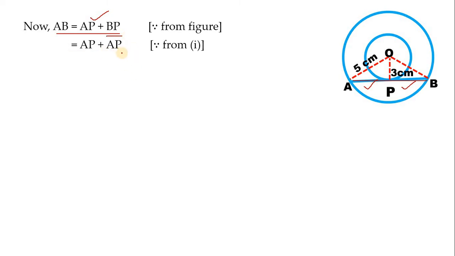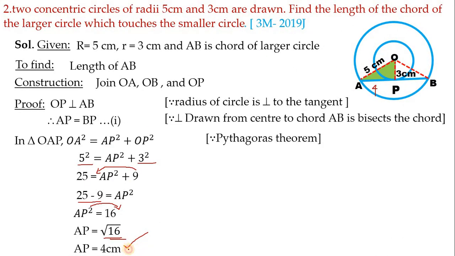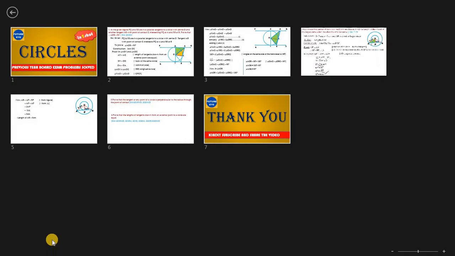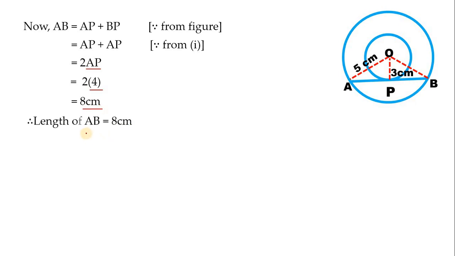Why am I writing AP itself? Because just now in the last slide we have proved the AP value. So the AP value I can substitute. So in the place of BP, substitute AP. Now 1 AP plus 1 AP is equal to 2 AP. The AP value we got in the last slide is 4. Substitute 4. 2 times 4 is 8 centimeter. So this is the length of AB.